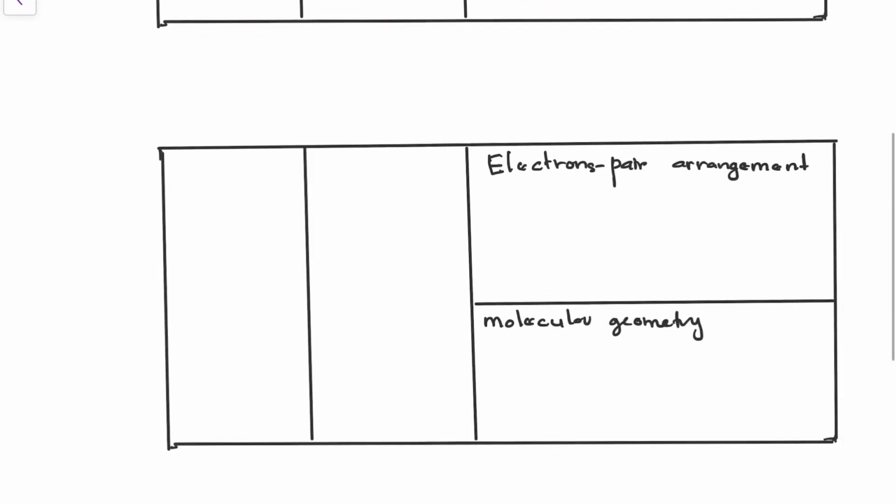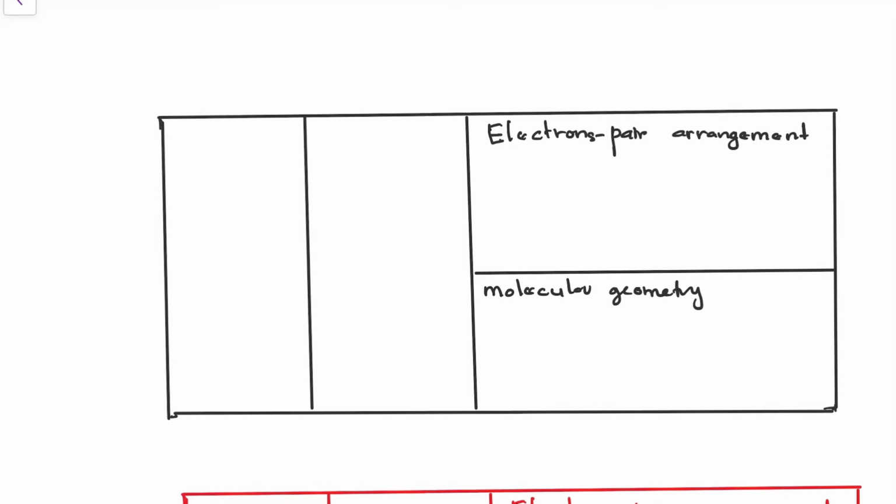If one of the bonding atoms is replaced with a lone pair, it will become like this. So the general formula is AB3E. The electron pair arrangement is tetrahedral also because the total is 4.